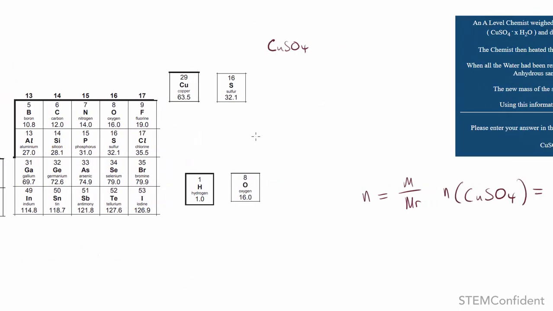So we could say the Mr, the molar mass of CuSO₄, is equal to 63.5 for the copper, 32.1 for the sulfur, and for the O₄ aspect it would be effectively 4 times 16, right?